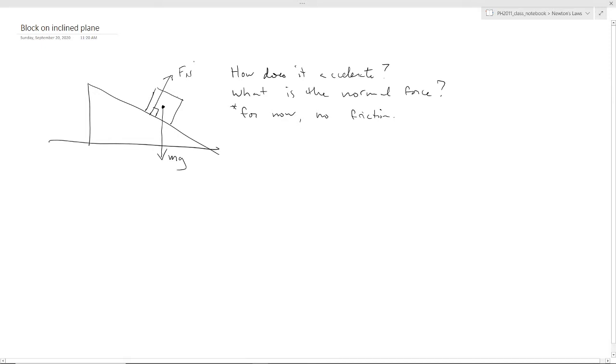Now, we're going to employ a strategy to help us solve this problem, and that is we are going to tilt our coordinate axis. Now, we're going to orient our coordinate axis along the plane, like this.